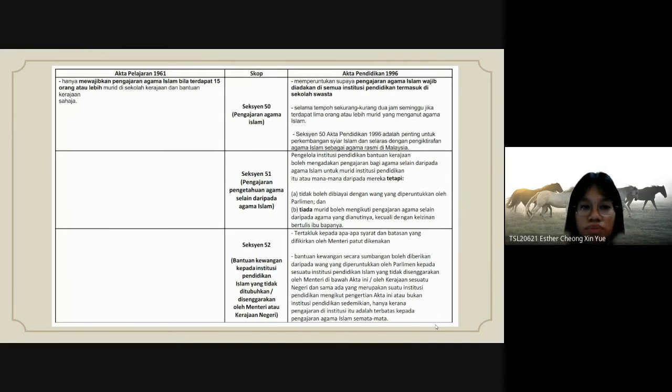The main comparison is that for Education Act 1961, only when there were 15 Muslim students above would a religious class be provided. However, for Education Act 1996, religious class was compulsory in all education institutions.